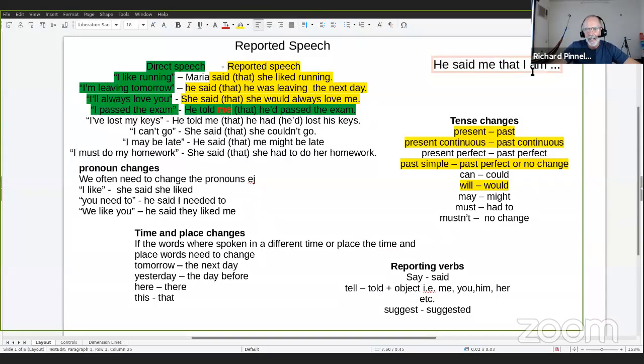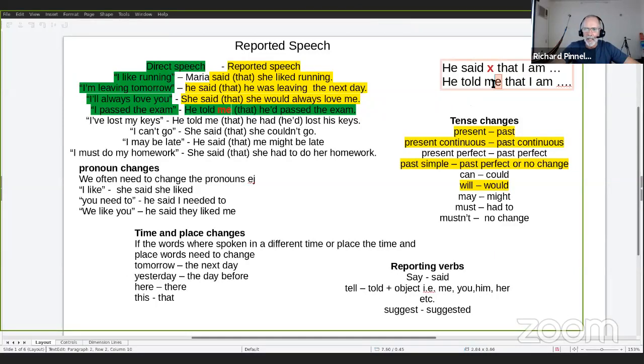You either say he said, or if you want to say the person who received the message, you need to say he told me. So this is the difference between say and tell. With said, we're not putting anything here, nothing. Let's make a big red X, nothing.